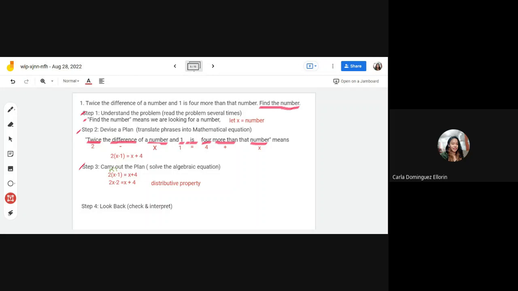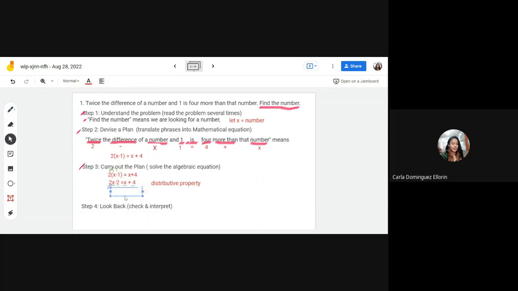Since we are solving for the value of x, we combine like terms. You see we have here a constant and terms with variables. In our equation, the terms together are 2x and x, since they both have the variable x, and negative 2 and positive 4.